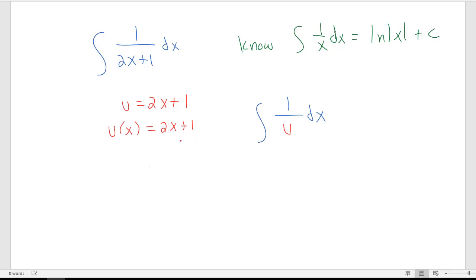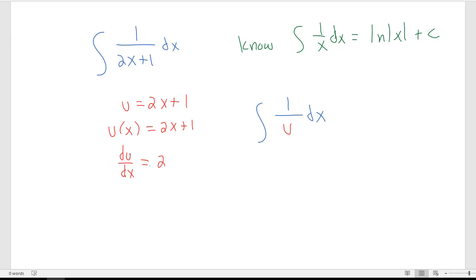So the way that I'm going to generate the du term that I need is to find the derivative of u. I'm going to find u prime. For what we let u equal, what is its derivative? Its derivative is 2. The derivative of 2x is 2. The derivative of 1 is 0. So there is its derivative term.